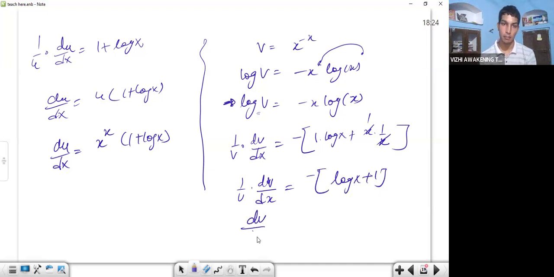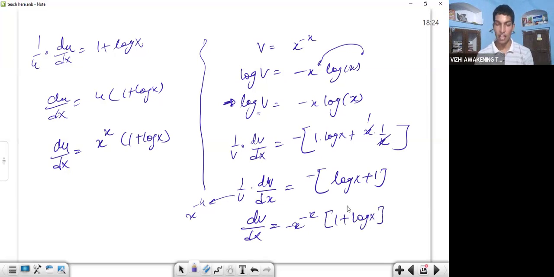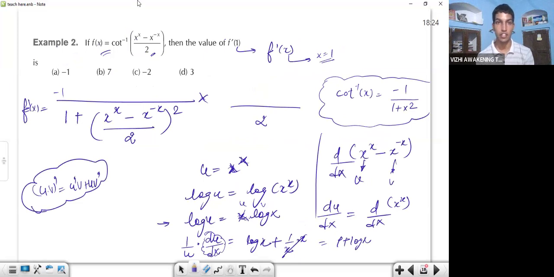So dv by dx comes out to be, v is x raised to power minus x, so x raised to power minus x into the multiple of negative into 1 plus logarithm x. So now we have the derivative of both of these.